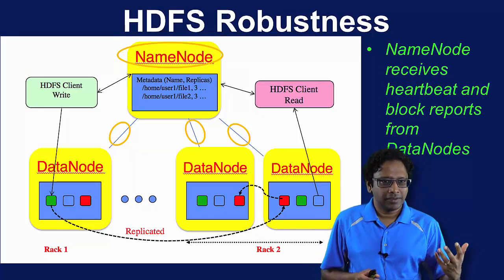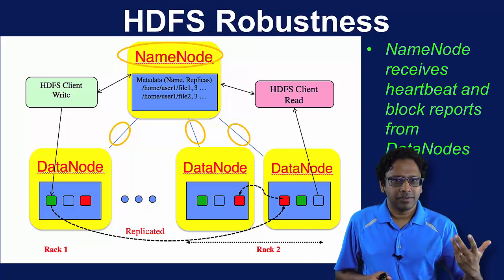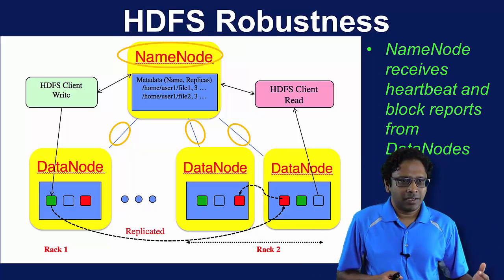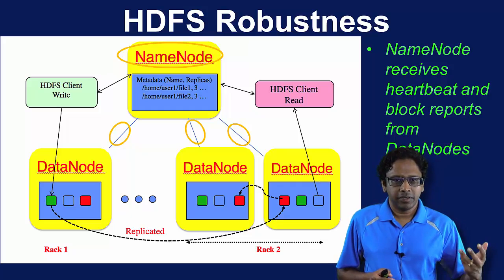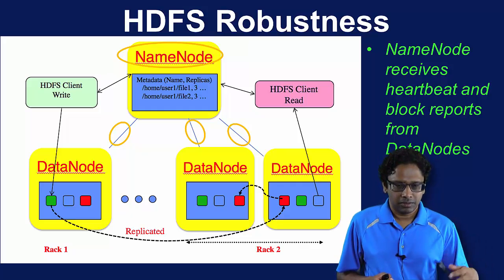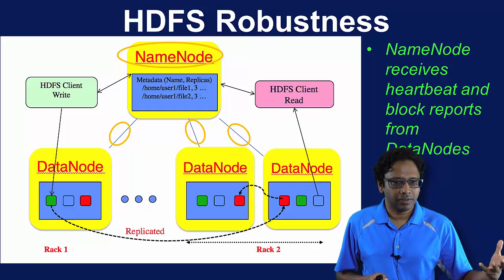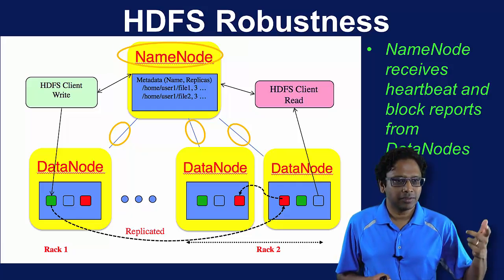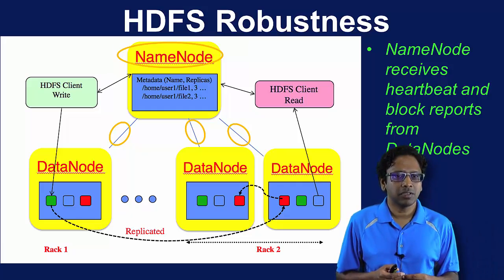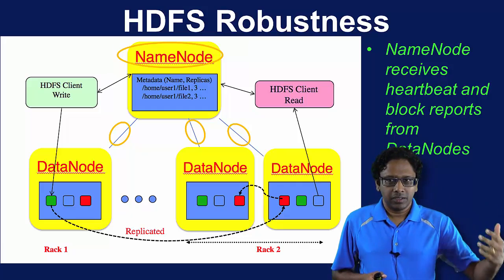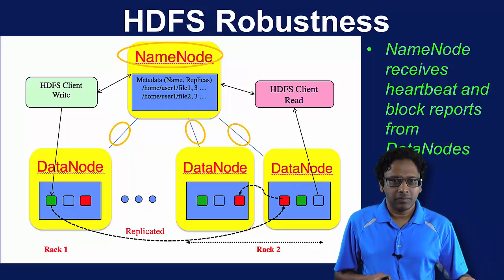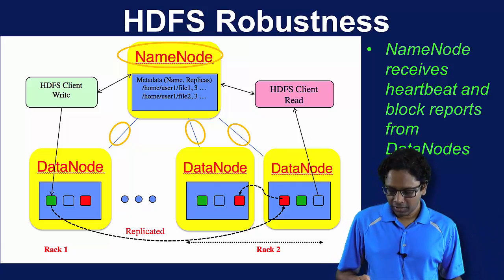So the first mitigating thing is the name node actually has heartbeat reports from all the data nodes periodically. So here we have data nodes spread out over 2 racks, and you can see the connections back to the name node, and you get basically consistent heartbeat reports and block reports from the data nodes.